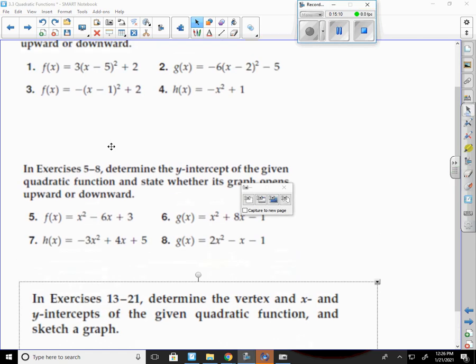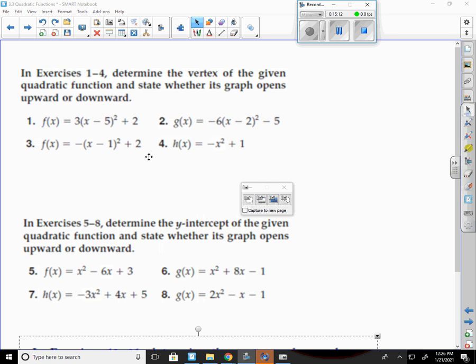Okay, number 1 from the homework was 3 times x minus 5 squared plus 2. The first thing it tells you is to determine the vertex of the given quadratic function and state whether it opens up or down. Since this is vertex form, that means it's in the form a times x minus h squared plus k.